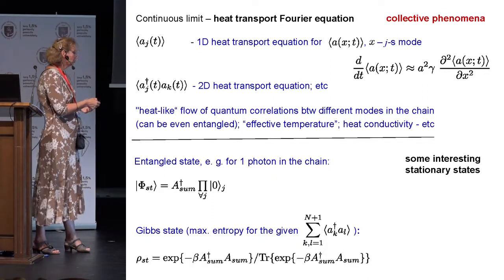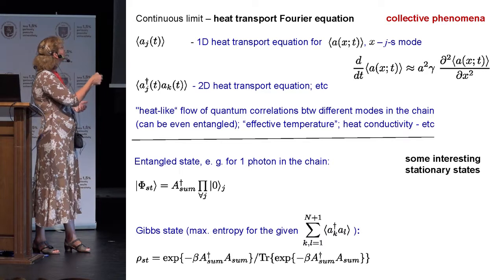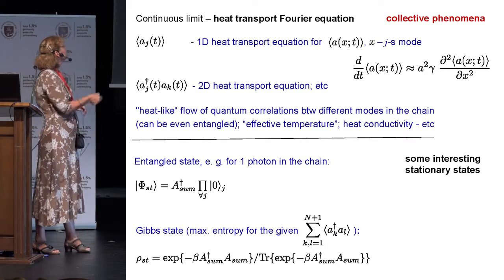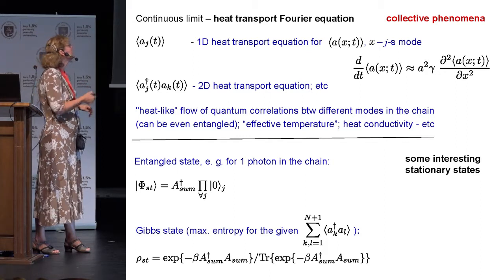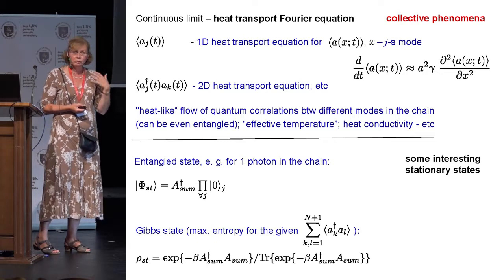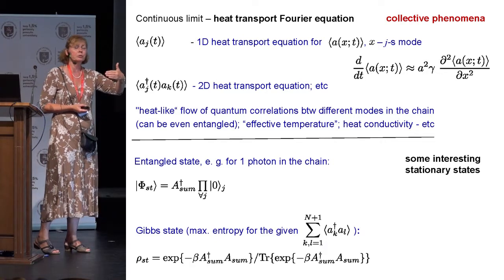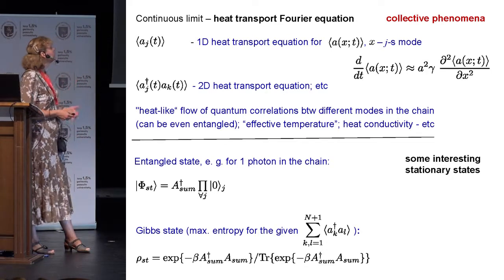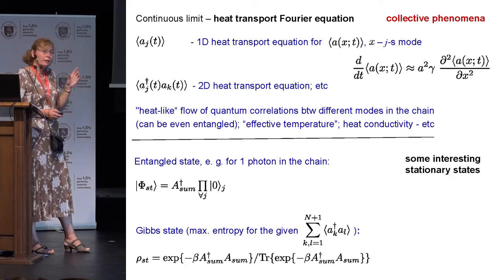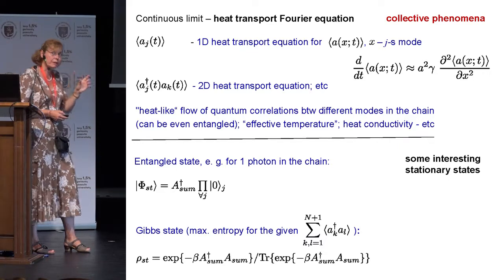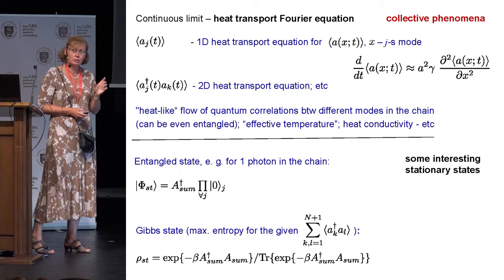And depending on which orders I look at, if I look now at creation and annihilation operators in different momenta, so I basically see that I have a 1D heat transport equation, a 2D heat transport equation, but this is not heat which gets transported according to Fourier equation, but light. And this heat-like flow basically retains coherence. This is an unusual situation that I have dissipation, but my coherence is not lost.